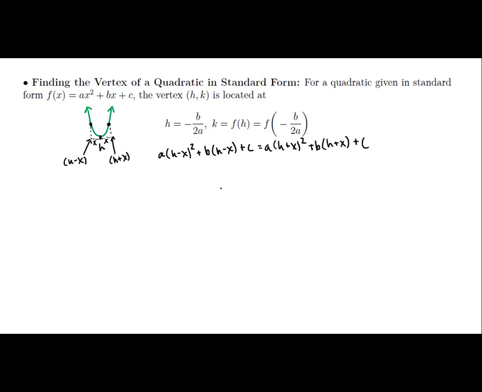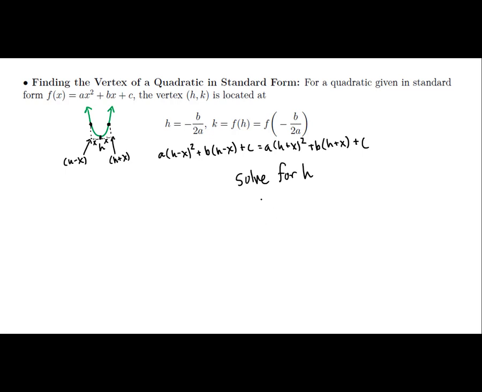So you've got this set up, and I'm not going to go through all the details here because, number one, I think it would be a good little exercise for you, and number two, it would take me a good 4 or 5 minutes to work through it. But this is a good little algebraic exercise for you. What I'd like you to do is expand all this out and solve for h.